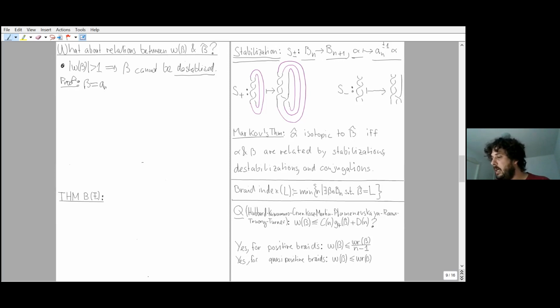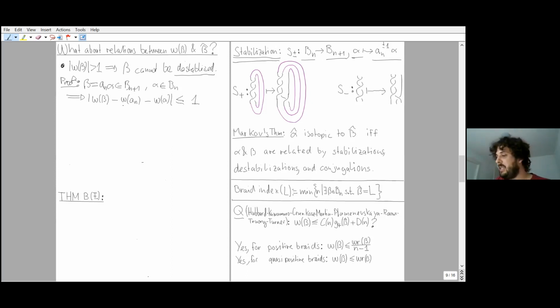I assume my braid is a stabilization. So I have some n+1 braid beta, where alpha is an n braid. Well, what can I do? I can tell you the following about the fractional Dehn twist coefficient. The fractional Dehn twist coefficient of beta minus the one of sigma_n minus the one of alpha is less or equal than 1.